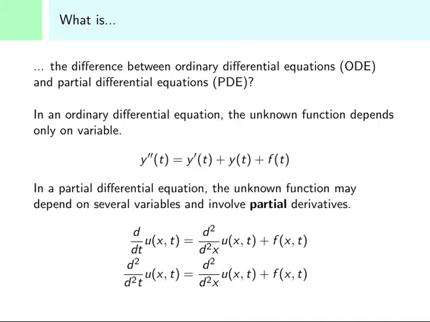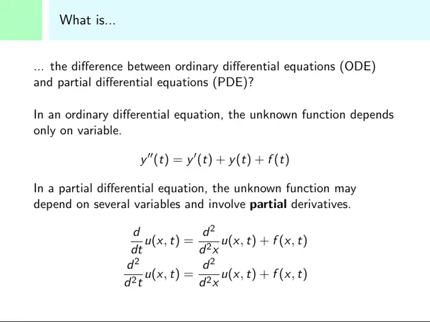d over dt of u(x,t), the first time derivative of u at (x,t), equals the second space derivative of u(x,t) plus some source term f(x,t). And in the wave equation, we have that the second time derivative of u(x,t) equals the second space derivative of u(x,t) plus f(x,t), where f is a force term.